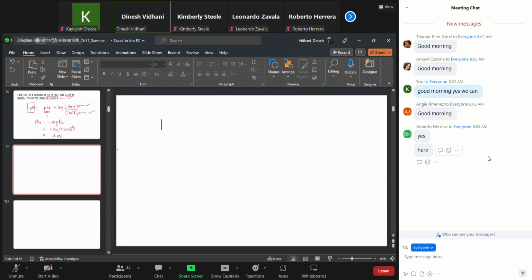So pH equals 3.25, the one that we calculated, plus log the salt concentration, which we already know, 0.225, divided by the acid concentration, which is 1.0. So when you do the math, what would you get? So 3.25 minus what would be the value?